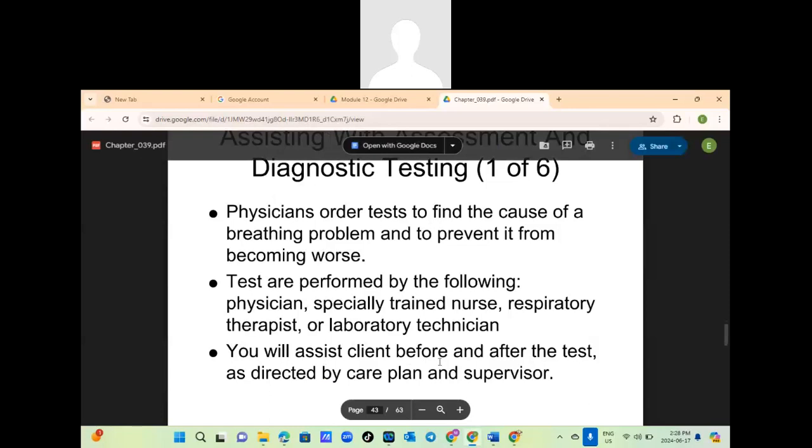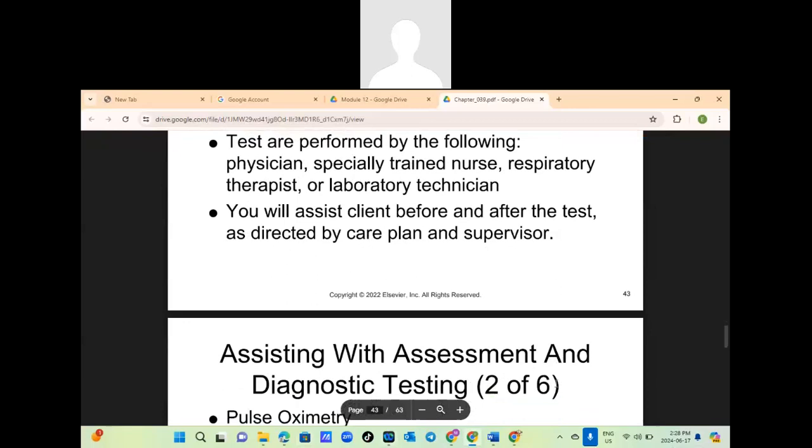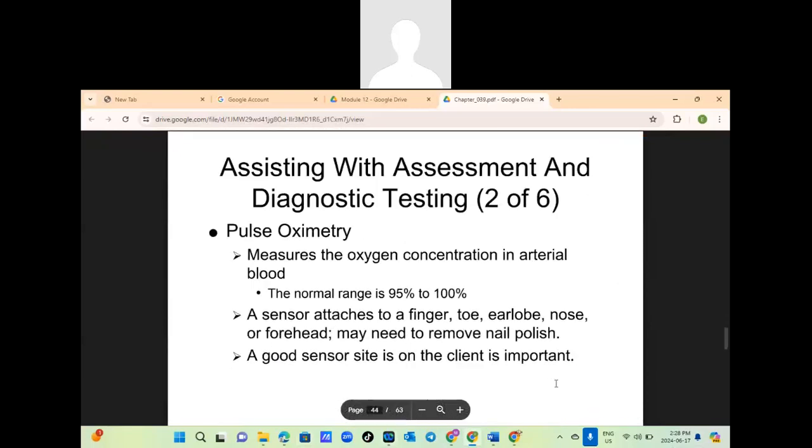You will assist the client before and after the test as directed by the care plan and your supervisor. We have the pulse oximetry. Remember, I showed you that little machine. Later in your book we have that one.